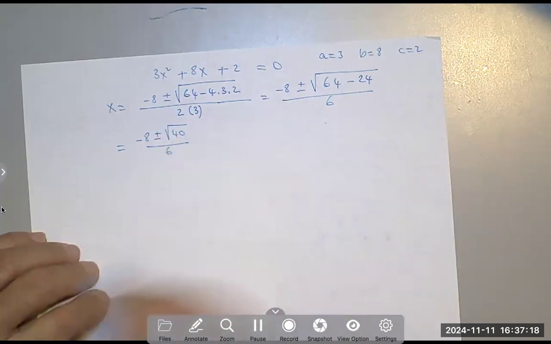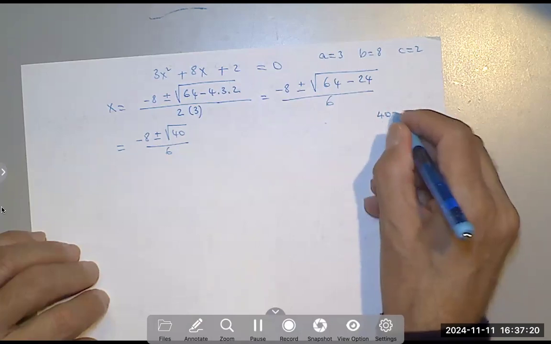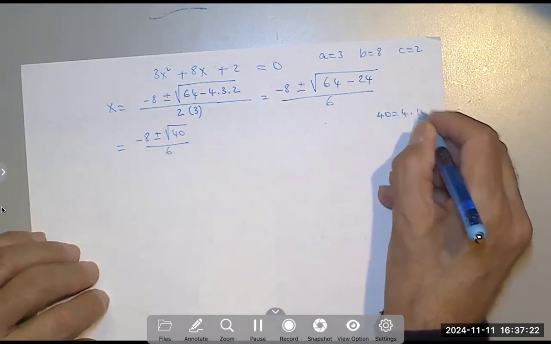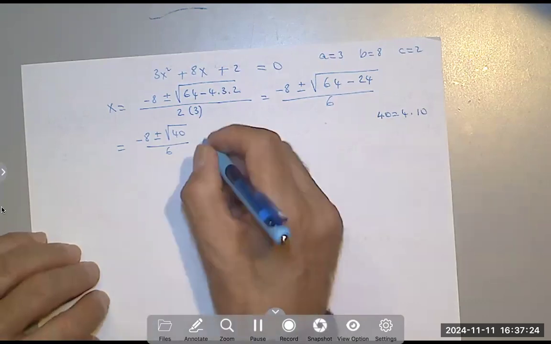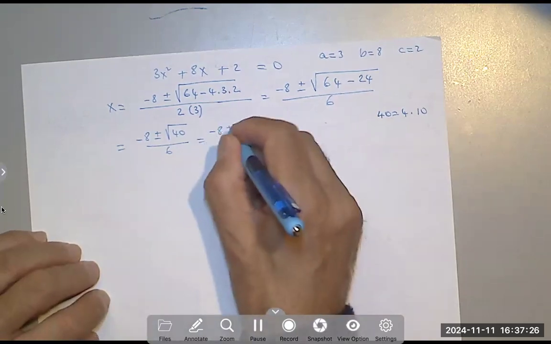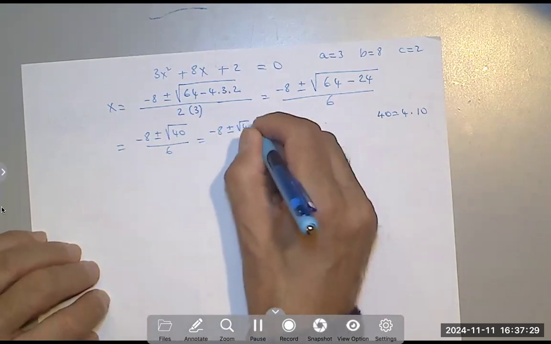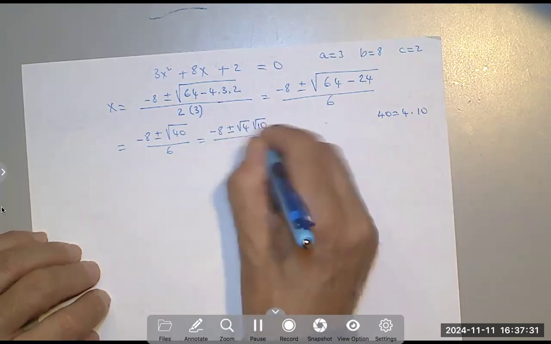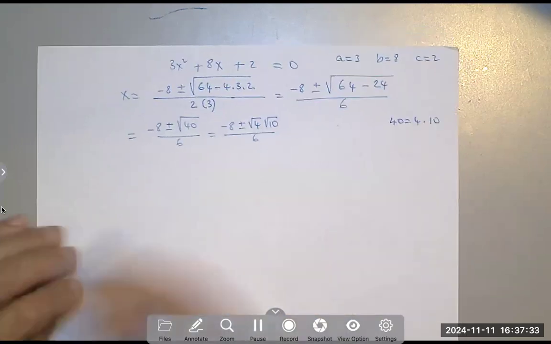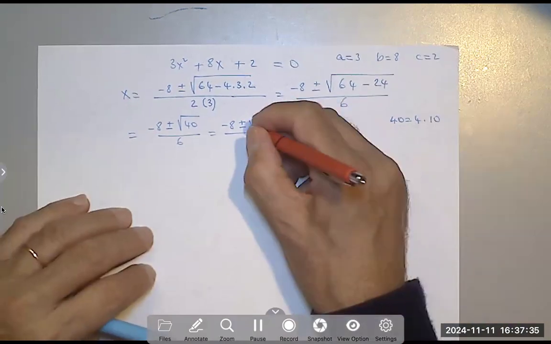over 6. But 40 equals 4 times 10. So you could have written this as negative 8 plus or minus the square root of 4 times the square root of 10 over 6. We know the square root of 4 is 2.